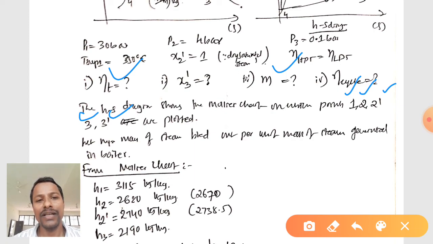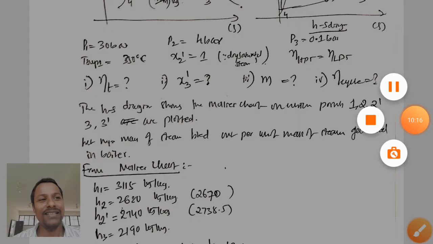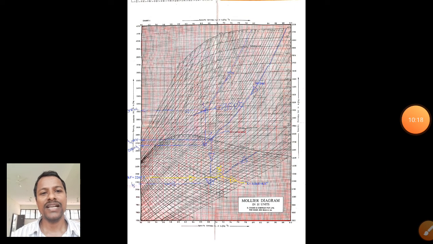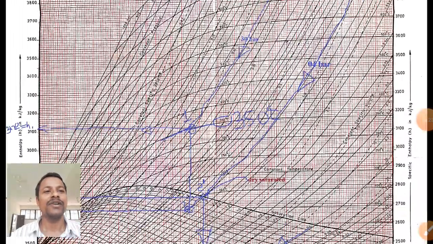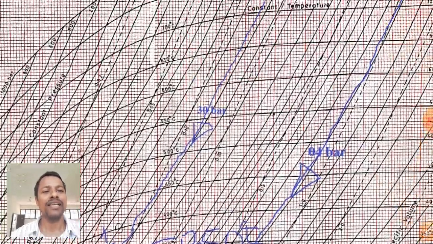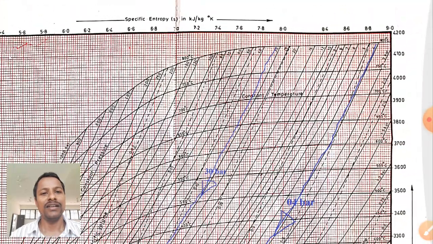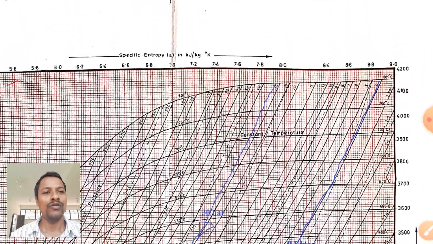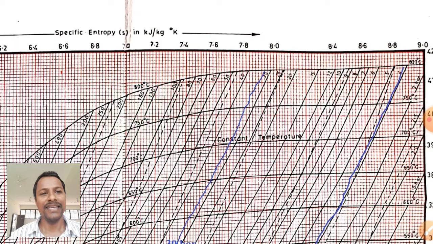Let us obtain all these values by plotting the cycle on the Mollier chart. This is the Mollier chart that is visible on your screen, which I have used for marking 1, 2, 2 dash and 3.